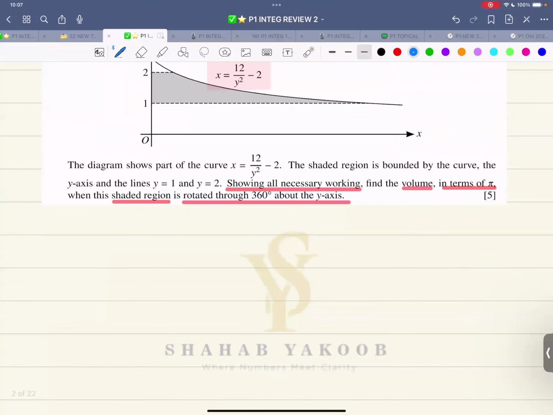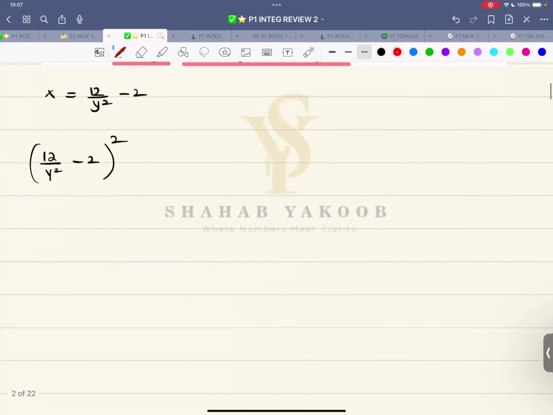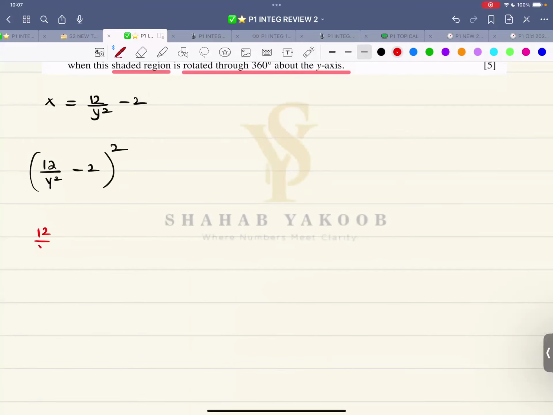Now, the very first thing that I'll do on the sidelines is that x is 12 over y squared minus 2. Let me square it. So 12 over y squared minus 2, the whole thing squared, it's a binomial. It's a minus b whole squared. That is 12 over y squared, squared. This is minus 2ab.